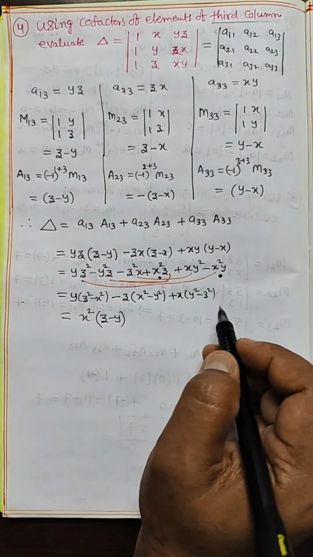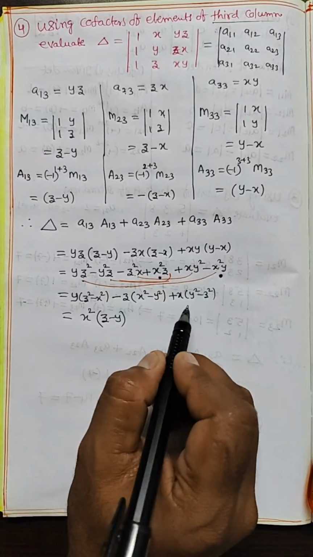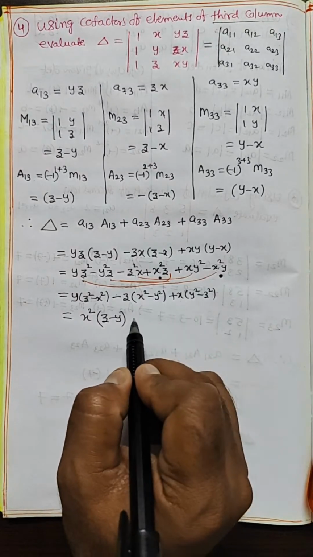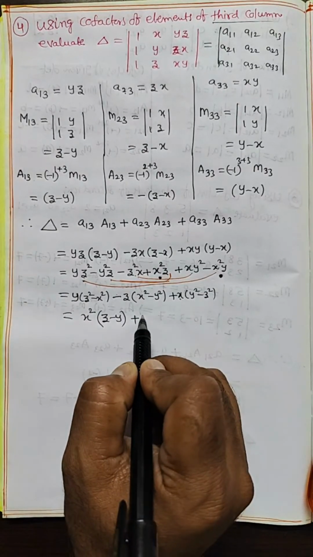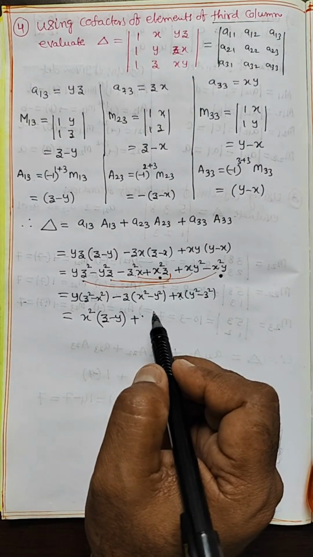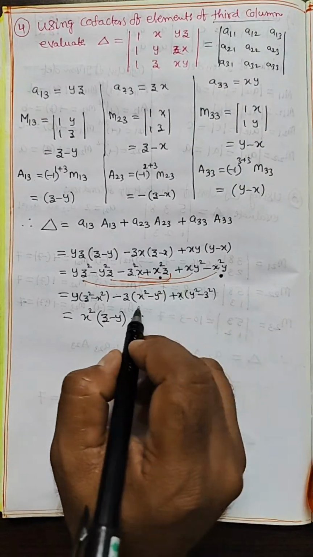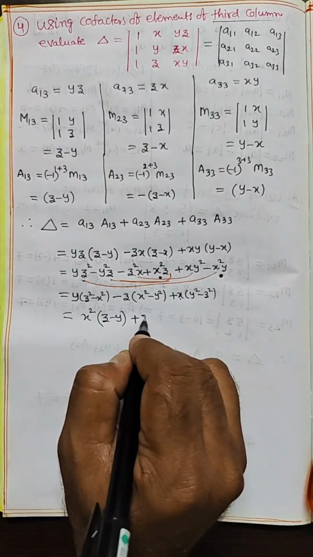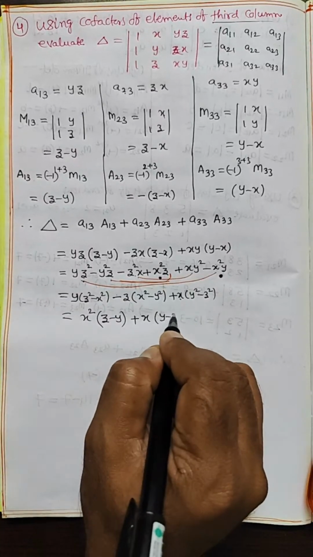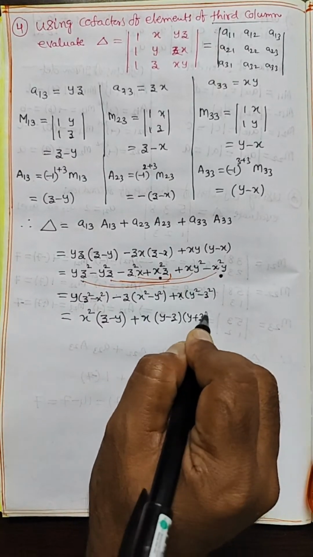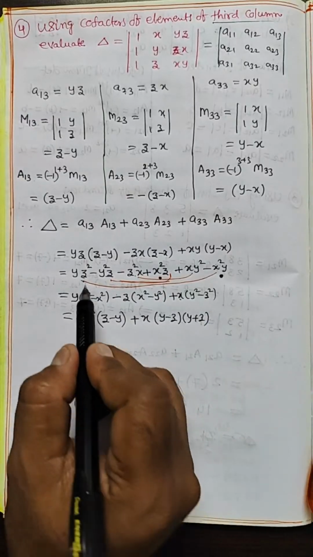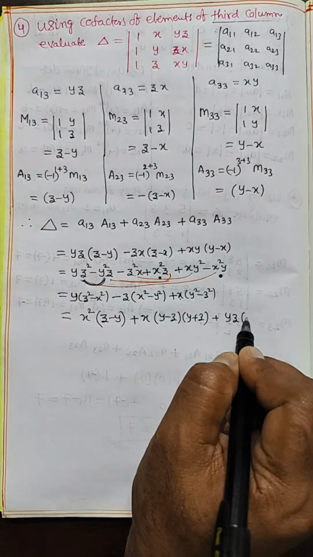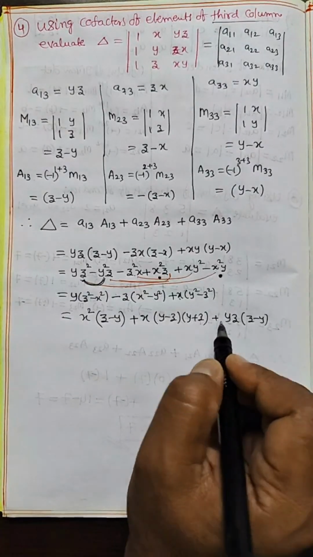Next, what we have to do is, from here, from here, plus x into, from these two yz anyway take common. From here, x into y minus z into y plus z. Next, from these two, if we take yz out common, z minus y will be there.